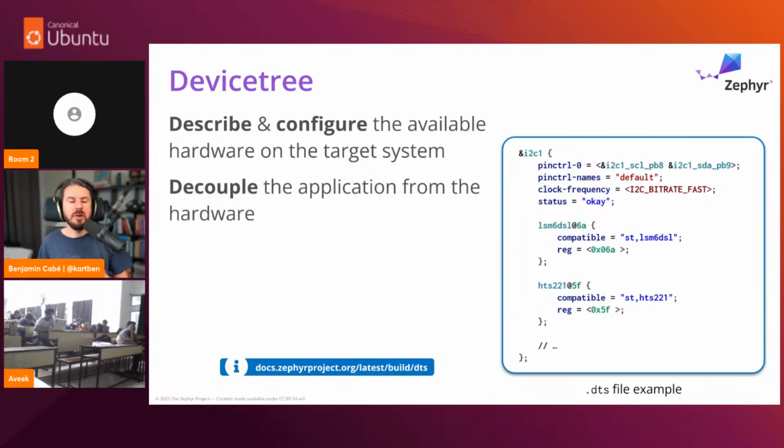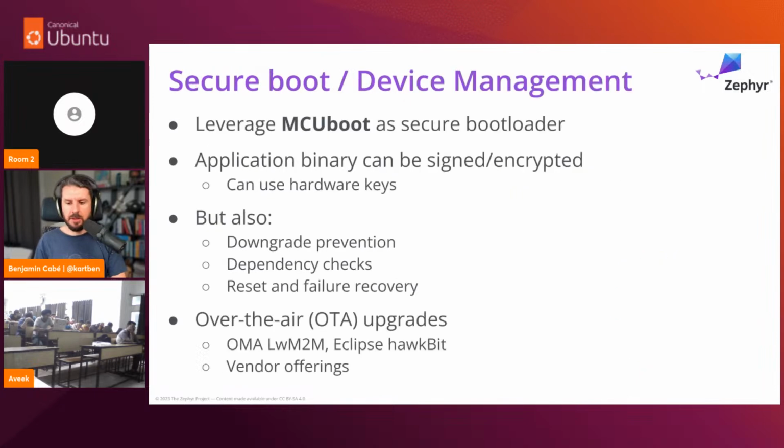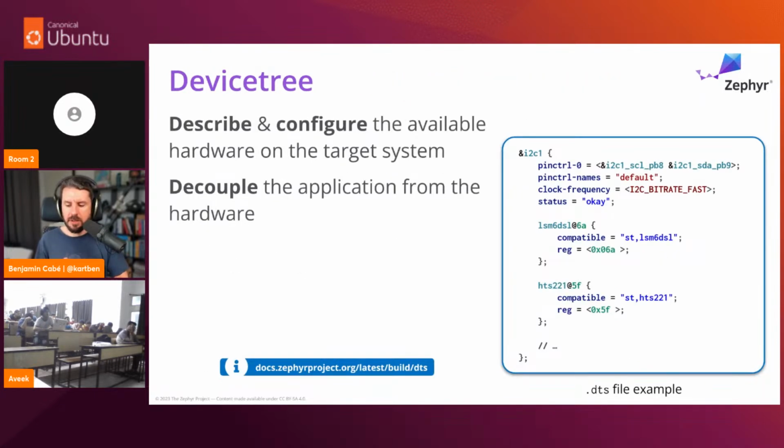Then at compile time, this device tree gets turned into everything that's needed to properly initialize the system for you behind the scenes. If your device tree describes a particular temperature sensor from Bosch, then automatically the build system will pull the proper driver and will make sure to initialize the driver with whatever settings and parameters you've declared through the device tree, right? So that's the high-level idea behind the device tree.